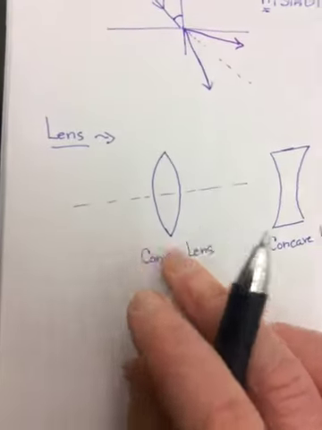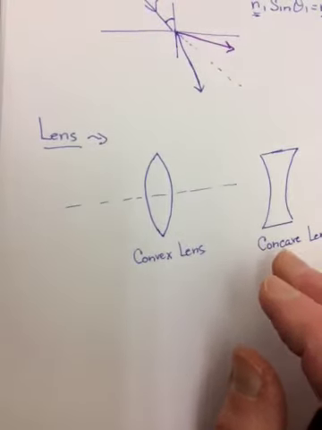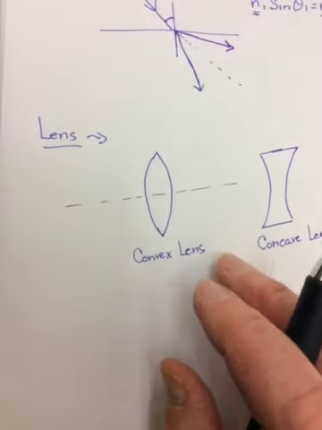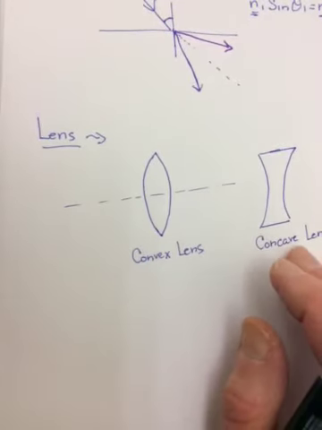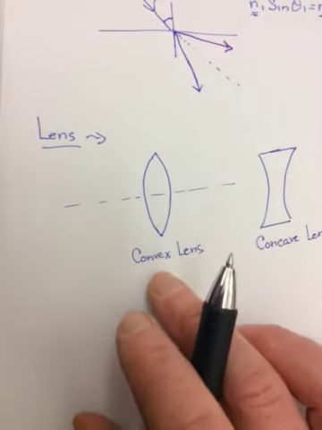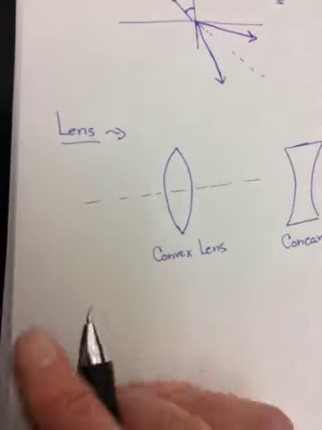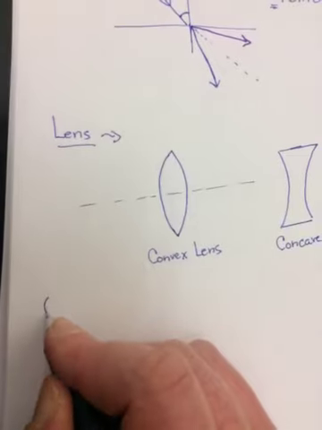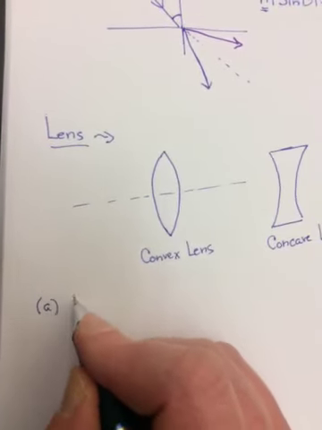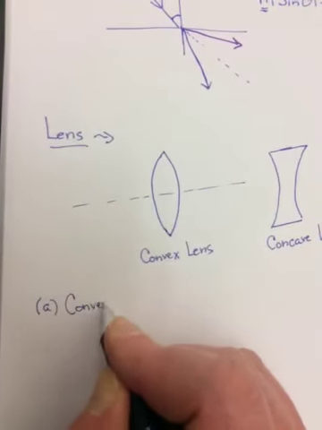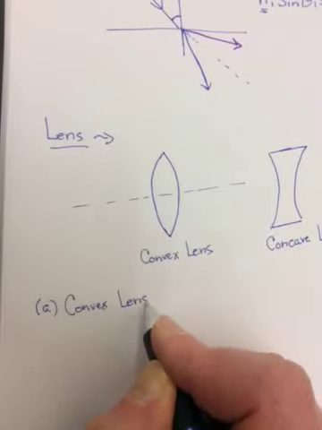Remember, in mirrors, the concave mirror was the converging mirror, and the convex mirror was the diverging. So this time A is going to be the convex lens.